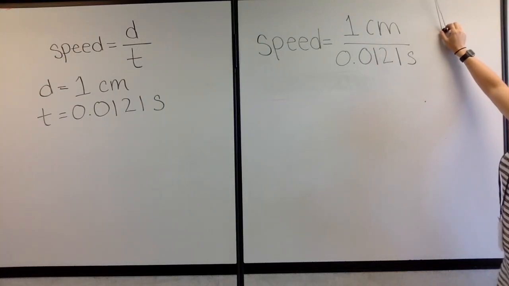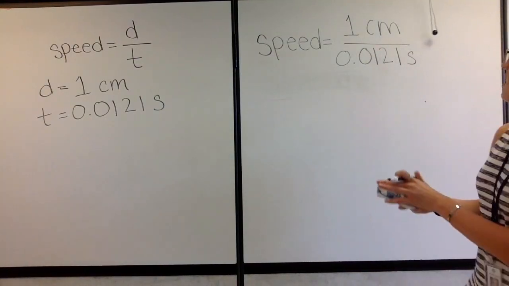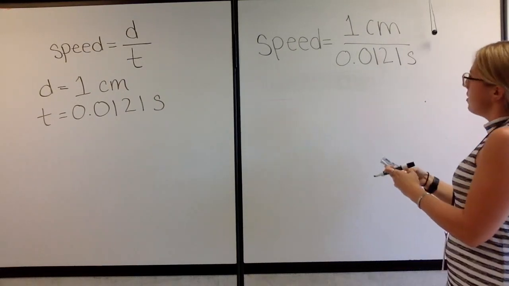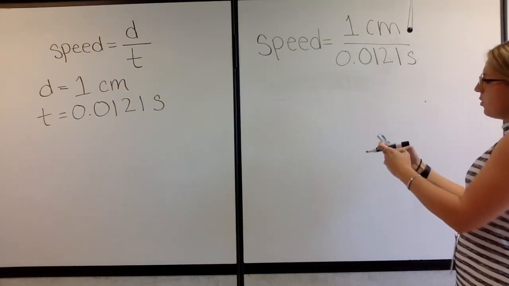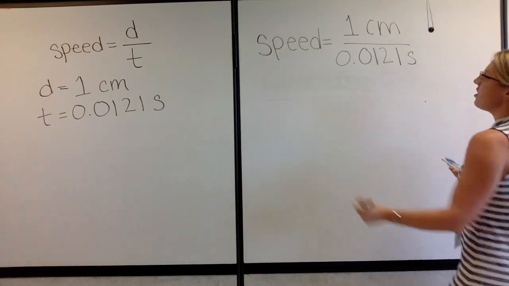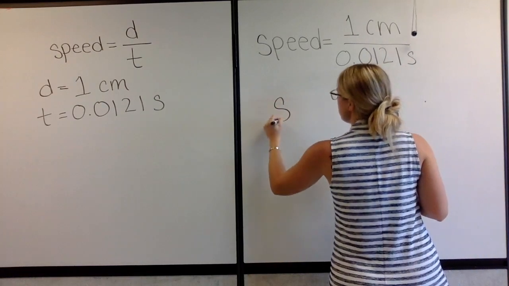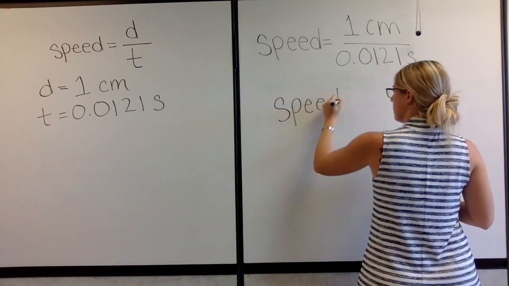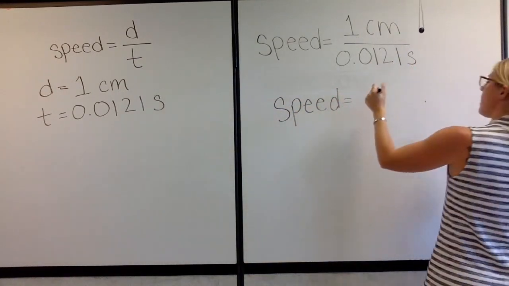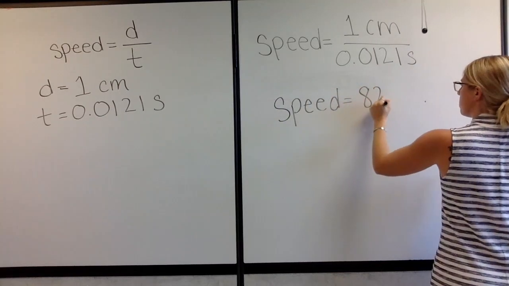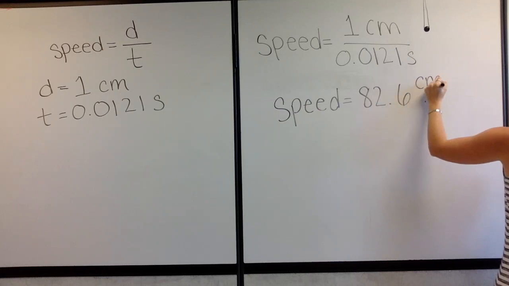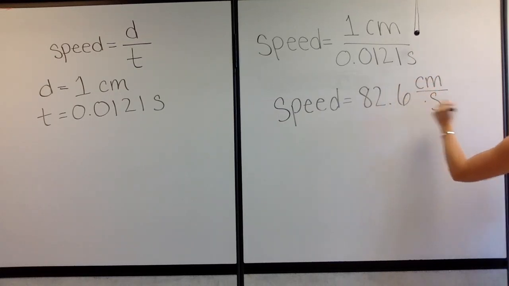There's what it looks like with everything plugged in. So I'm going to take my calculator and I'm going to do 1 divided by 0.0121, and I should get my speed as 82.6 centimeters per second.